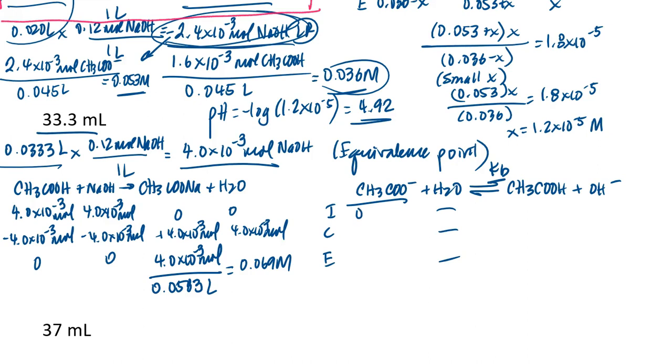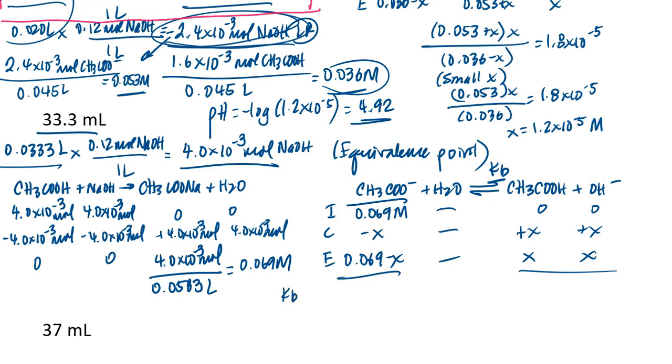Initially, I would be 0.069 molar in the acetate ion, with none of the acetic acid and none of the hydroxide ion. And then I'm going to lose some of that acetate ion but gain the species on the product side. I'd end up with 0.069 minus X as my equilibrium concentration of the acetate, and concentrations of X for the acetic acid and the hydroxide ion. Now, I'm going to need to plug this in. All right, so this would be, again, plugging into my expression of Kb.